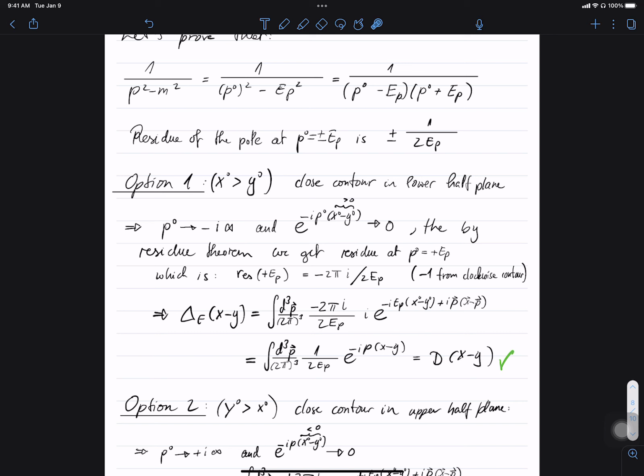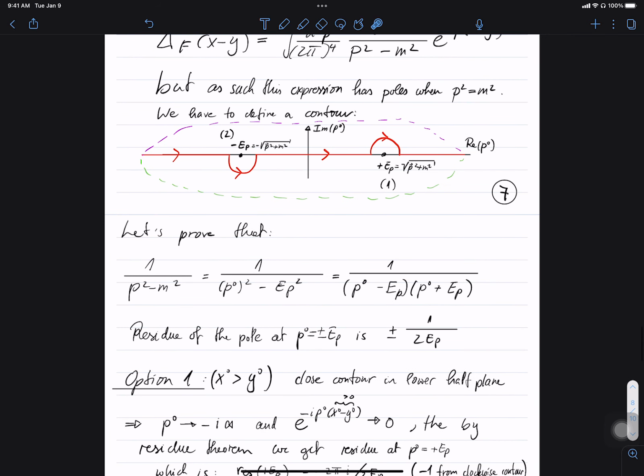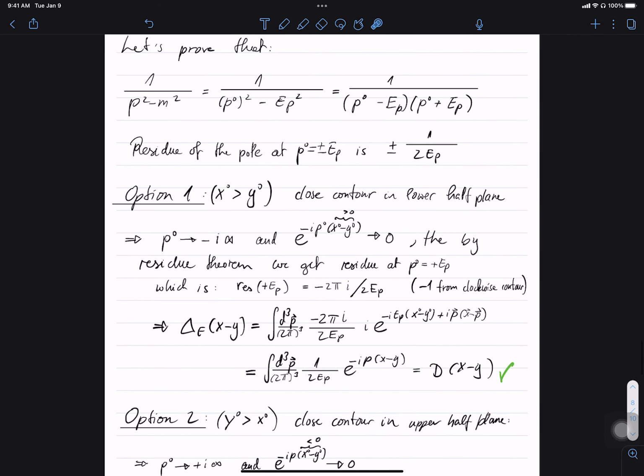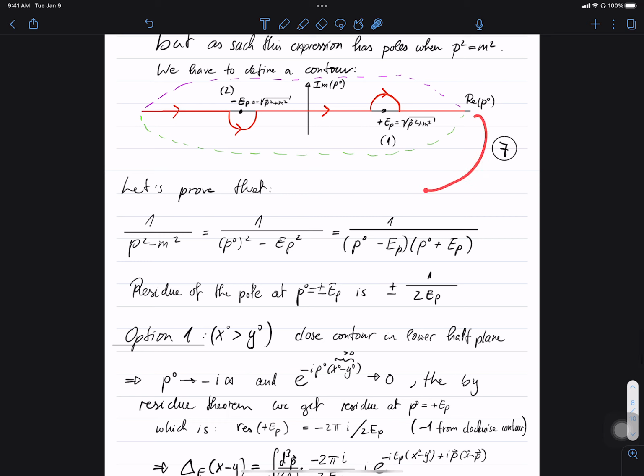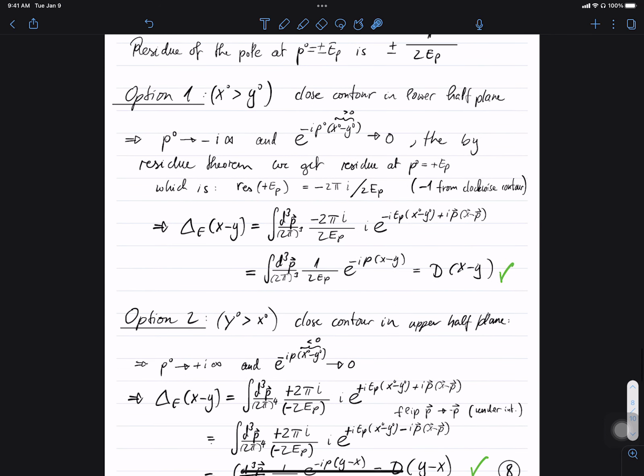And when we send p naught to negative i infinity, this expression, given that this difference is positive, goes to 0, because then we get e to the minus infinity, and this goes to 0. So in the lower half plane, we can just do whatever we want essentially. It doesn't affect the integral. We can close the contour, and just having the closed contour, we can use the residue theorem and get the value of the integral by just summing the poles.